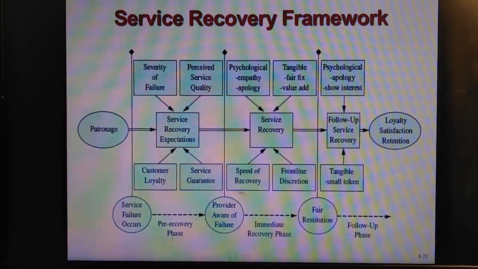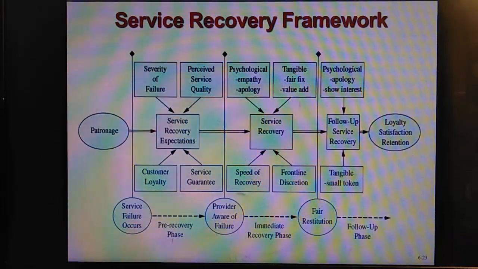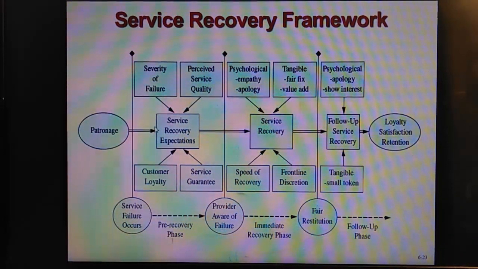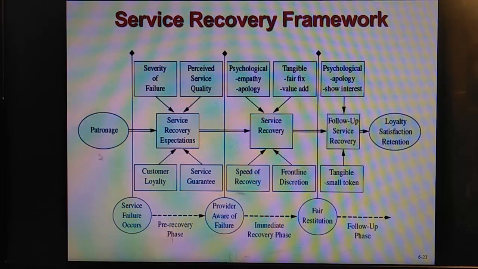Next, last but not least, is the service recovery framework. How to recover your service, and this is the suggested model. For example, you have this patronage. Patronage means your customers who are sustaining services for your company. If the customer gets the service, but the service is actually failing, the customer will judge how severe the failure is.